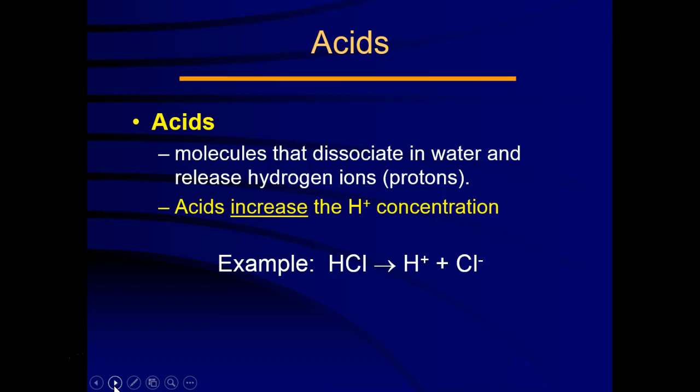So that's what acids do. They increase the hydrogen ion concentration in a solution. So when we add them to water, they will readily dissociate. Well, some more than others. And we'll talk a little bit about strong acids and weak acids.